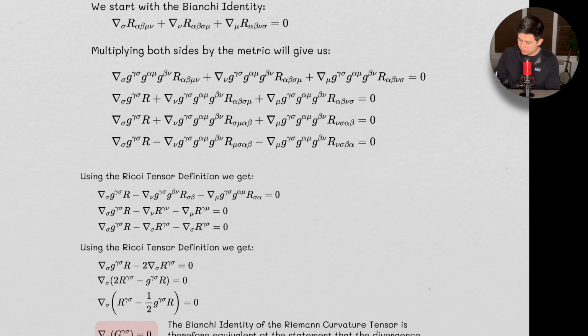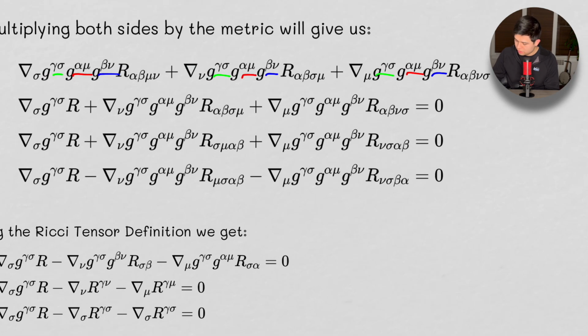We see gamma sigma, mu nu, alpha mu, and then beta nu. Here's our beta, and here is our alpha, and gamma sigma.